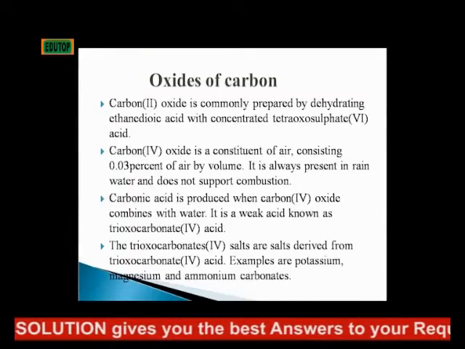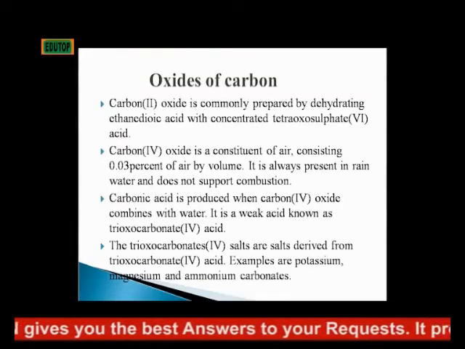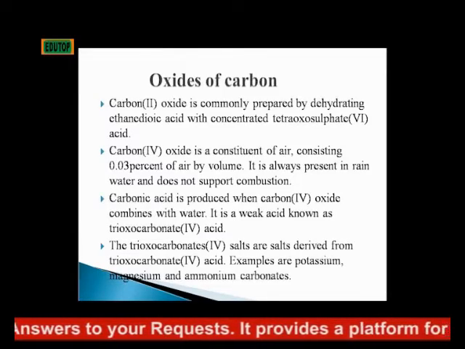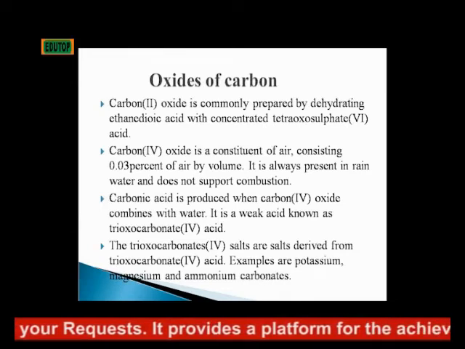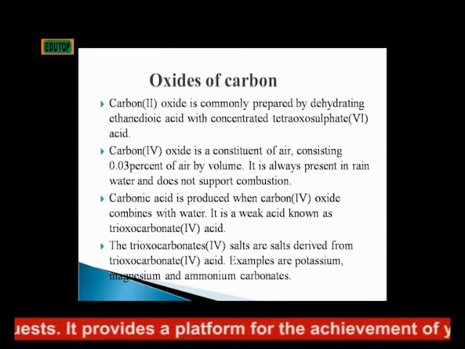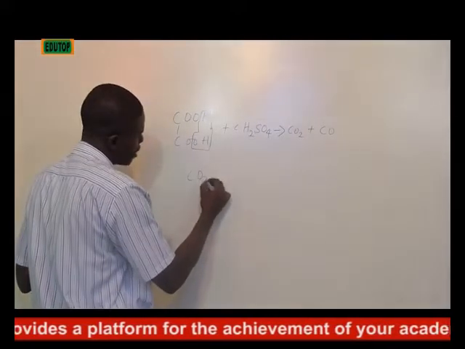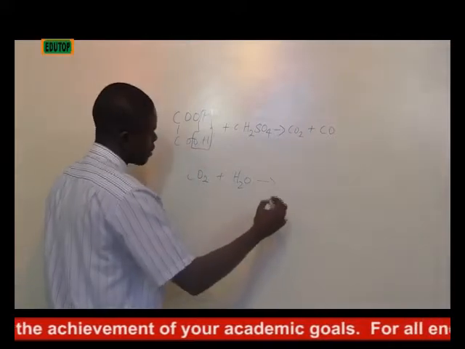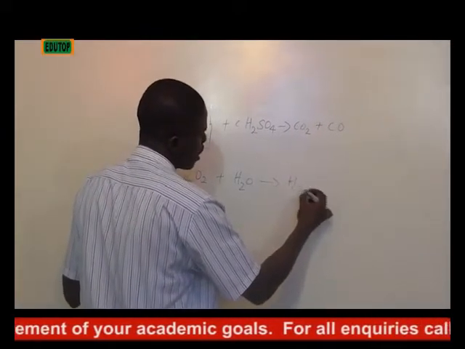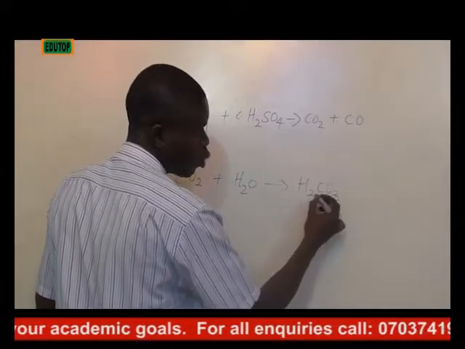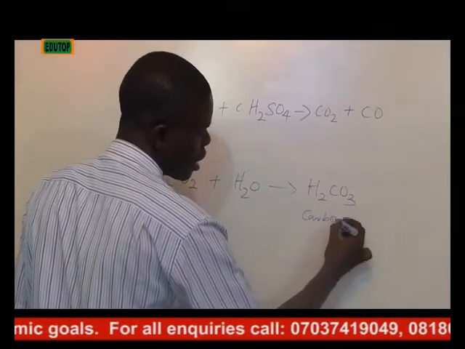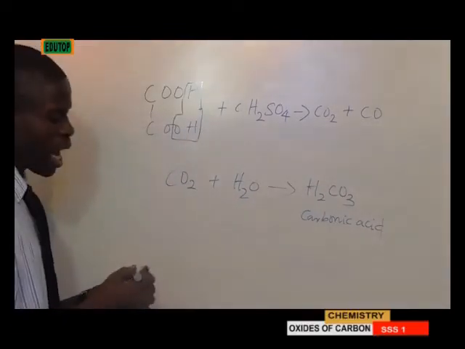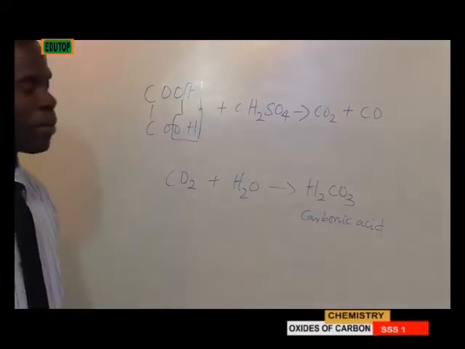Carbonic acid. Carbonic acid is another important acid. Carbonic acid is produced when carbon 4 oxide combines with water. When carbon 4 oxide combines with water, then you have what is known as carbonic acid.